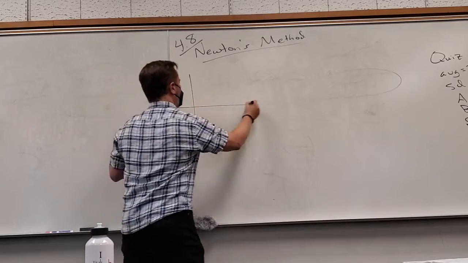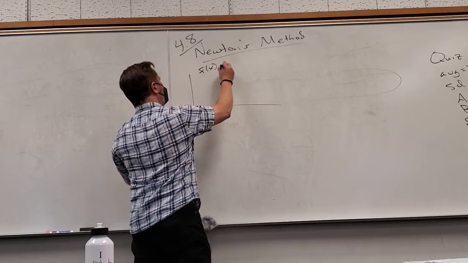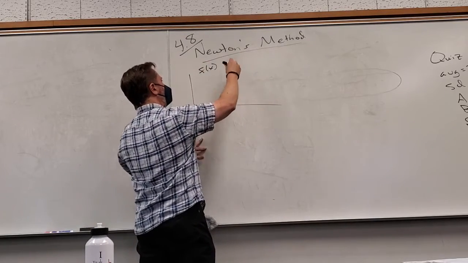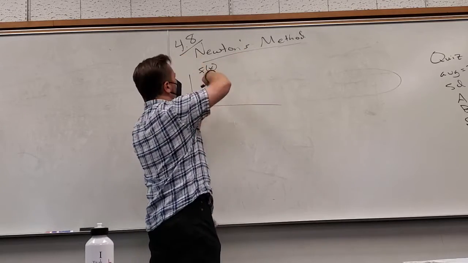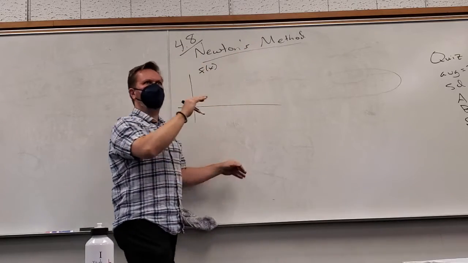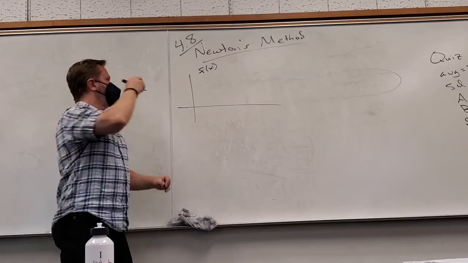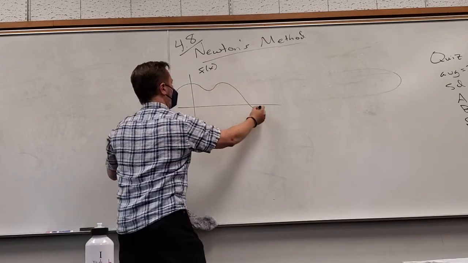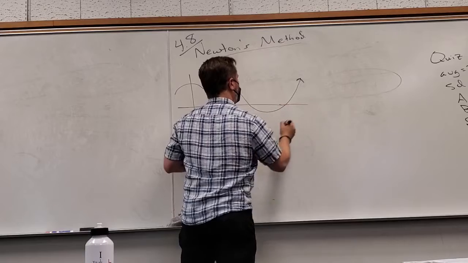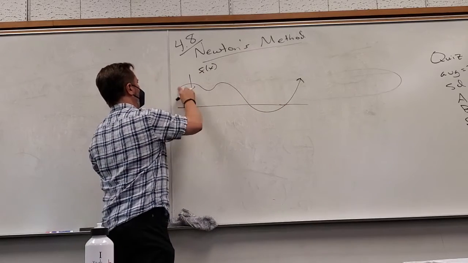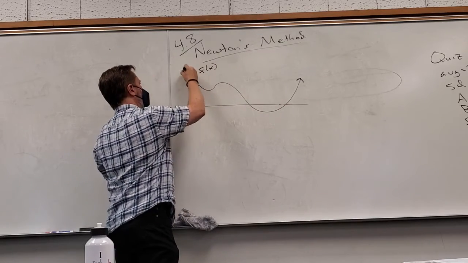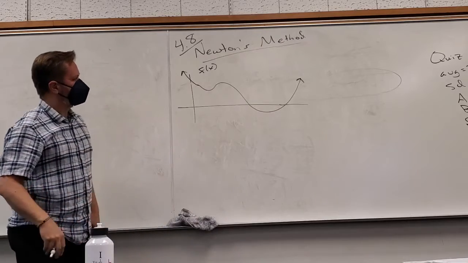So if I'm given a function, and it does need to be well behaved, it doesn't have to be continuous and differentiable everywhere, but it just has to be, I'll show you in a minute. All right. So how many roots does this function have? 2.